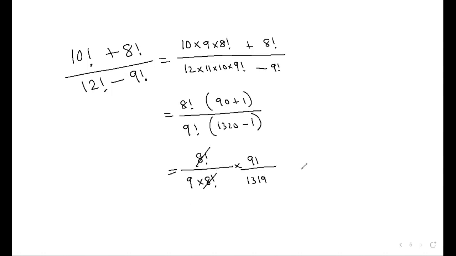Now that also got cancelled. So 91 divided by, now you can multiply. 9 plus 8, 17. 1, 28. I think so. Correct.